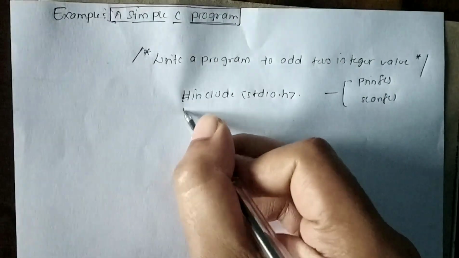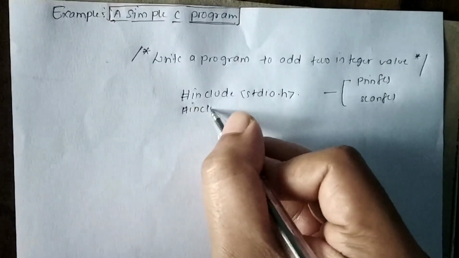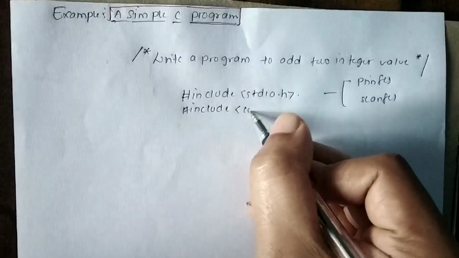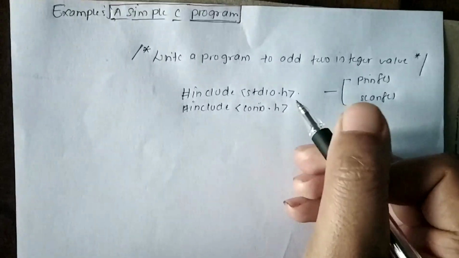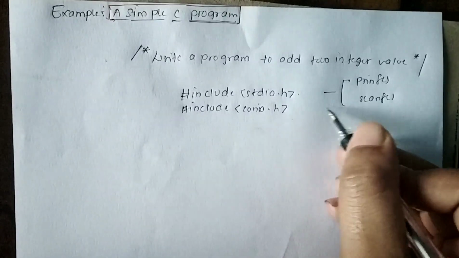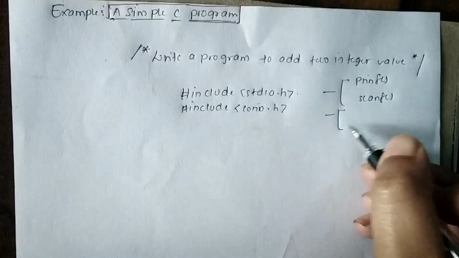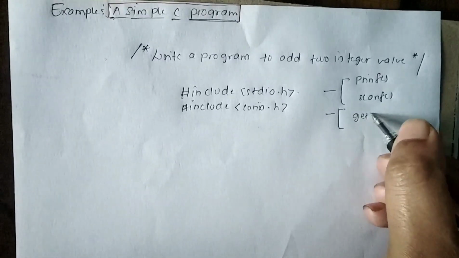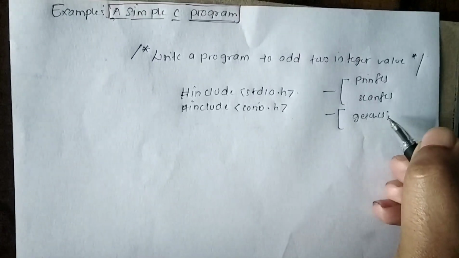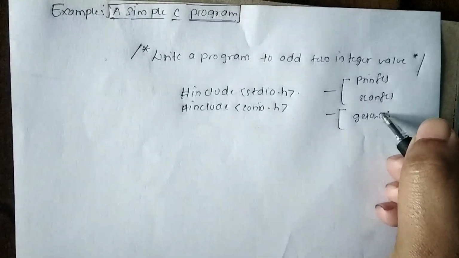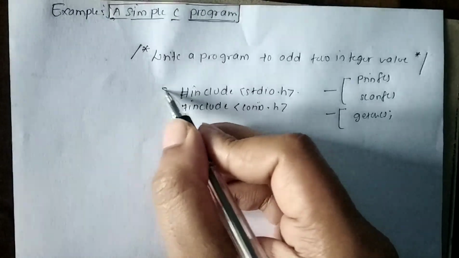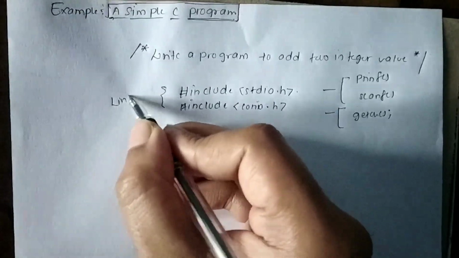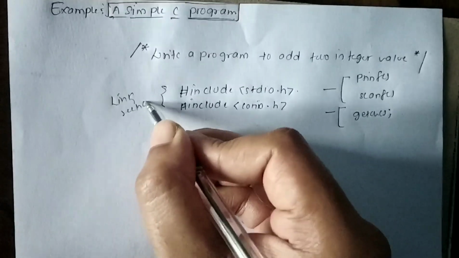Let us move to another header file, #include <conio.h>. This header file is used to get the output of the program, which consists of getch. Now this was the link section we discussed before.